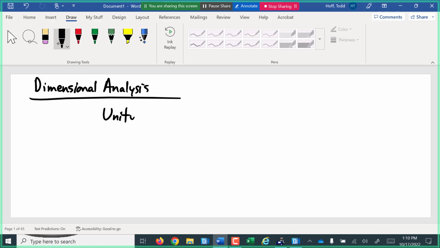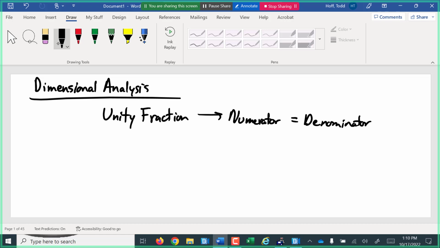And remember, the characteristic of a unity fraction is that whatever the value in the numerator is equal to the value in the denominator. Even though they may not look alike, they are representing the same value. And any equivalency can become a unity fraction.